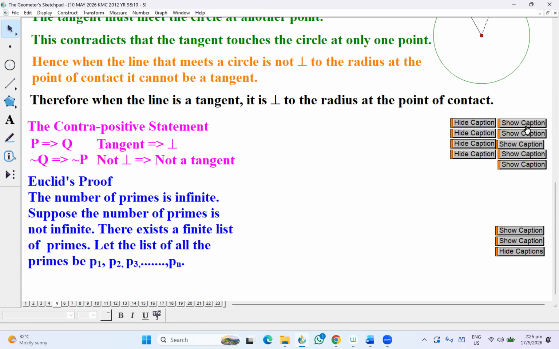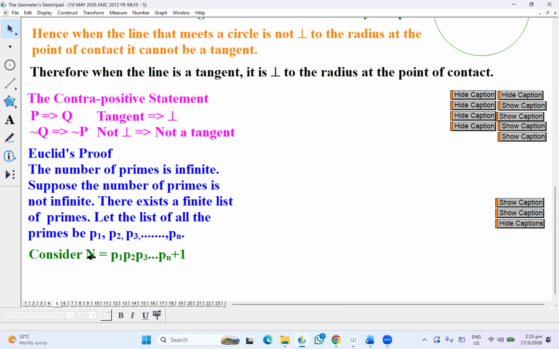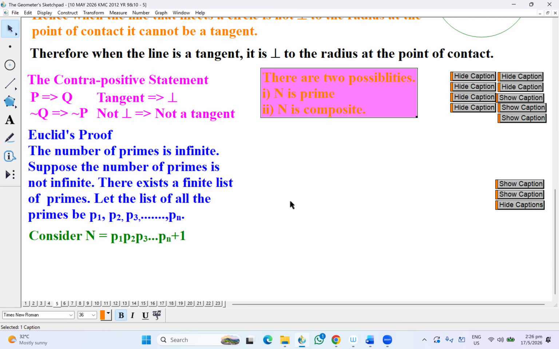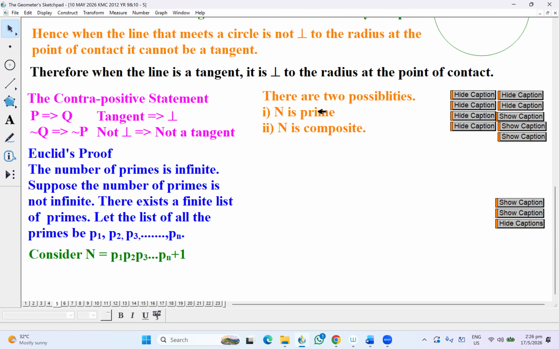Then we form a new number, N, equal to the product of all the primes plus 1. Then there are two possibilities. This new number is either a prime or a composite. There are two possibilities.